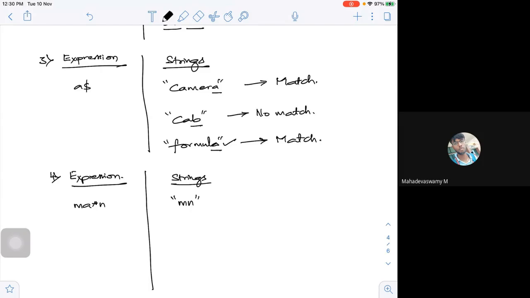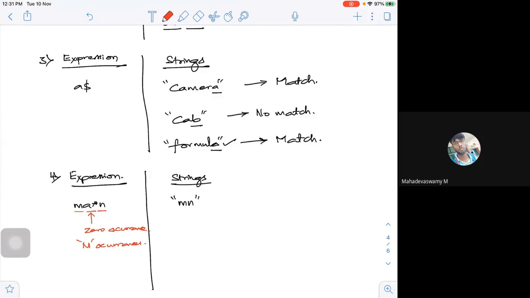See here, you have to be very careful. It has to start with M and end with N. In between, it can have 0 occurrences or n number of occurrences.